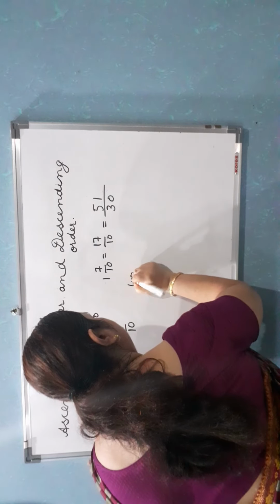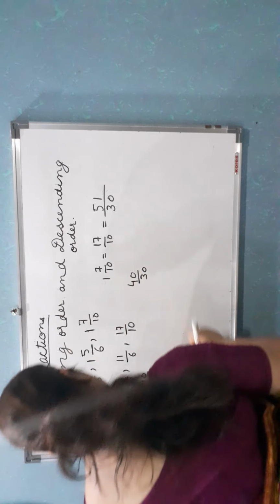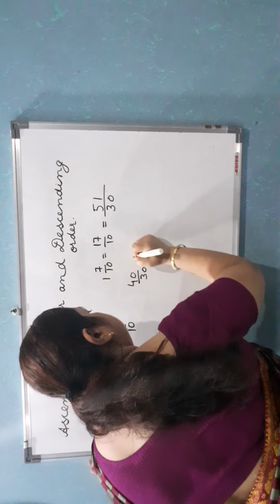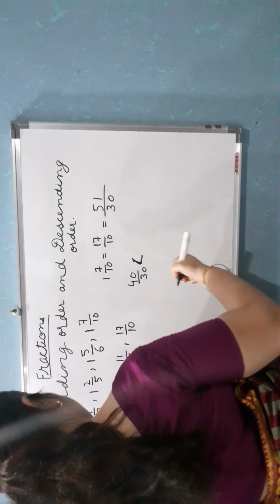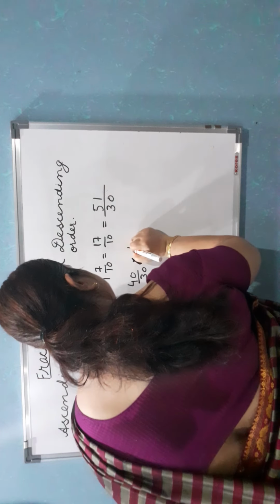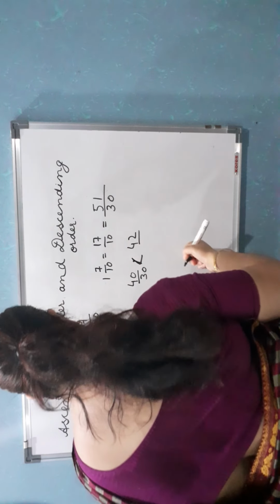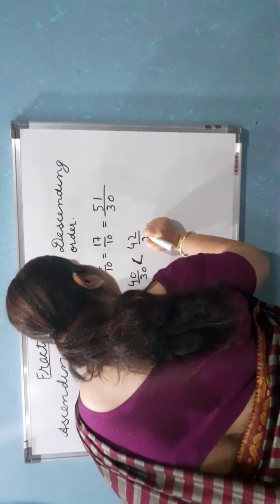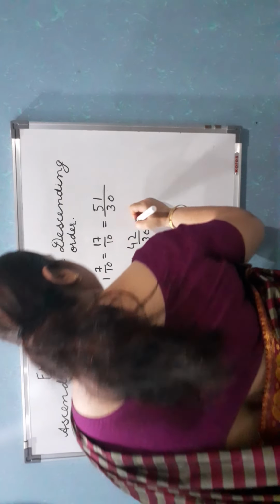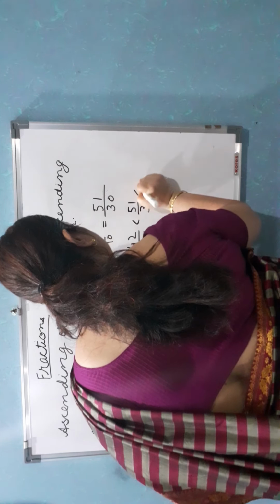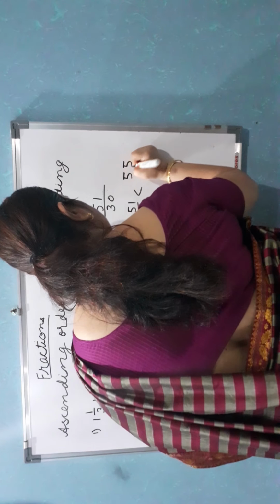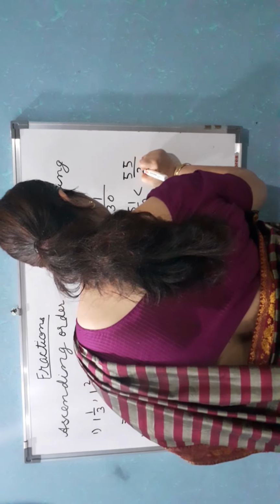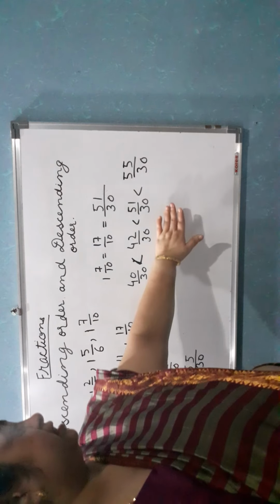So 40 by 30, this is less than, you write here less than, 42 by 30, then this one less than 51 by 30 less than 55 by 30. This is ascending order.